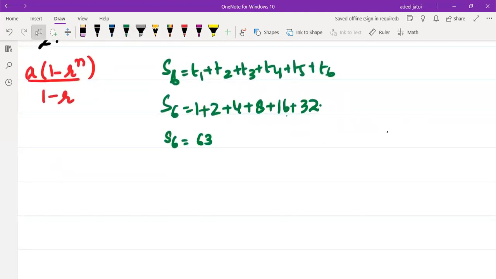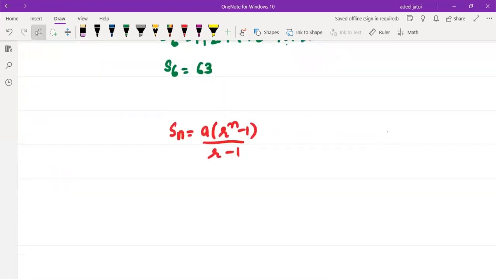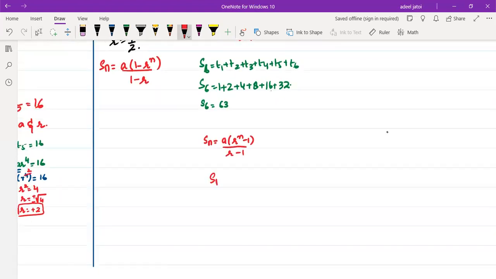If we calculate it through the formula, the value of the first term was a, obviously (r^n minus 1) upon r minus 1. This was the formula, right? So can we say that S6, n is 6, a is 1, r was 2: (2^6 minus 1) upon 2 minus 1.